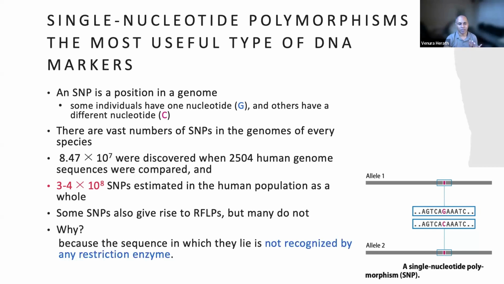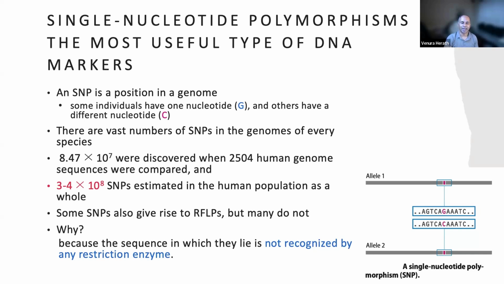Because there are a limited number of restriction enzymes. There are some allelic variations that can't be detected by any restriction enzyme available to us. There are around 6,000 restriction enzymes available, and still we can't cover the multi-billion SNPs found in our genomes.